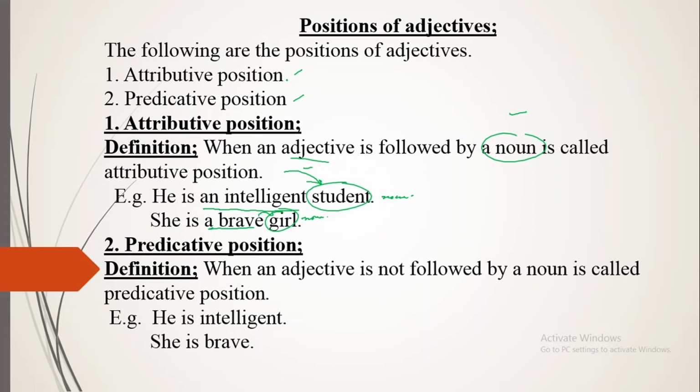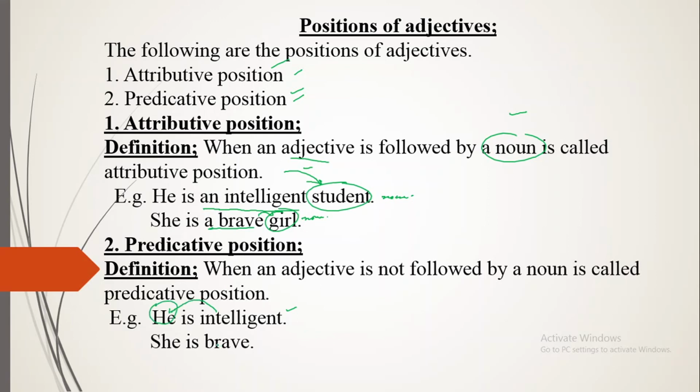When an adjective is followed by a noun, it is called attributive position, and when an adjective is not followed by a noun, that is called predicative position. Now I say he is intelligent, so there is no noun after that. It is not followed by a noun. Here intelligent is adding something in the meaning of your pronoun.